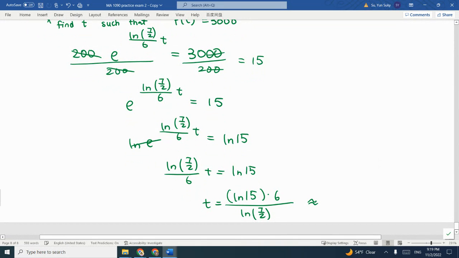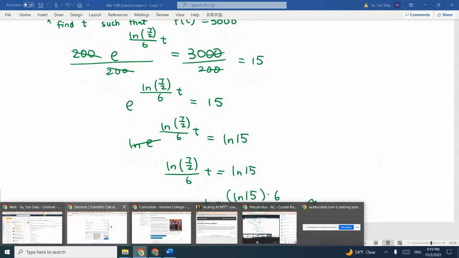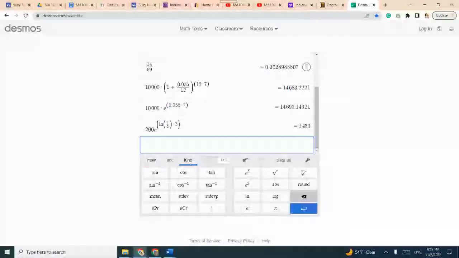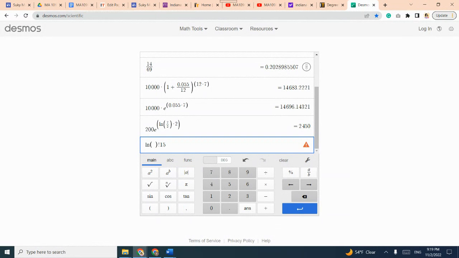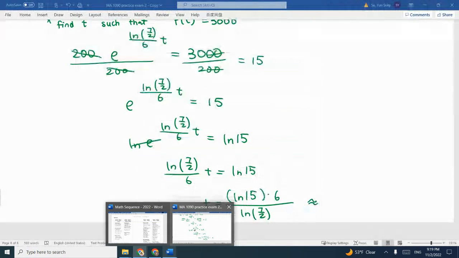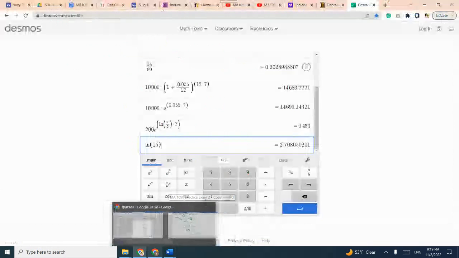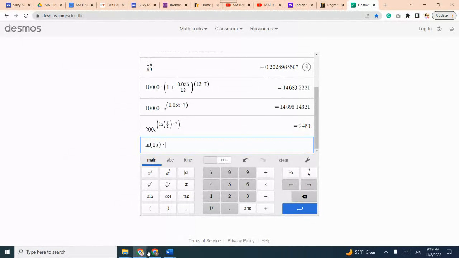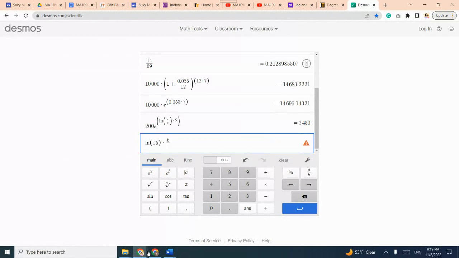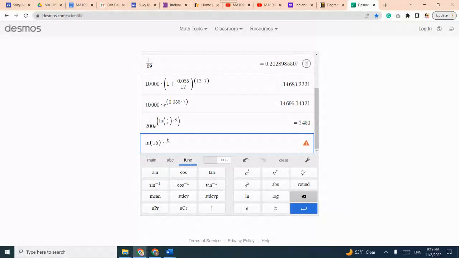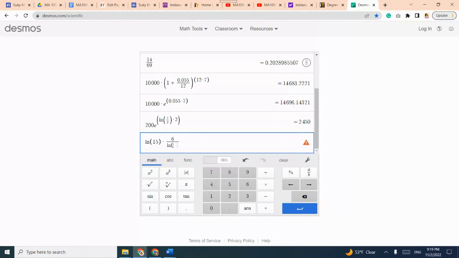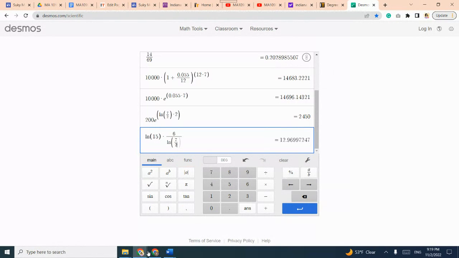Put into our calculator. Okay, so ln 15 times 6 over ln of 7 over 2.